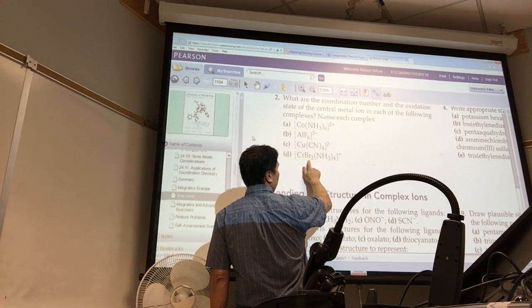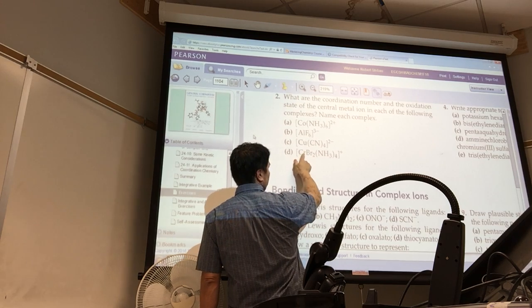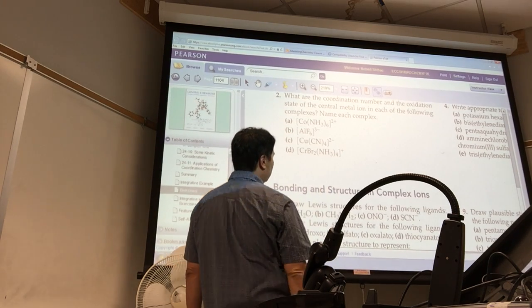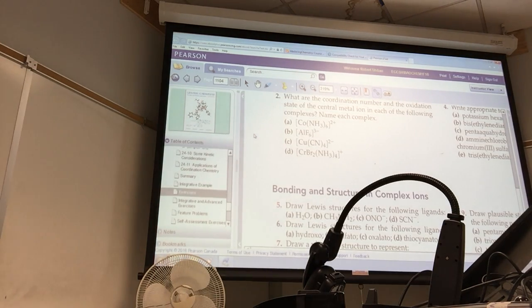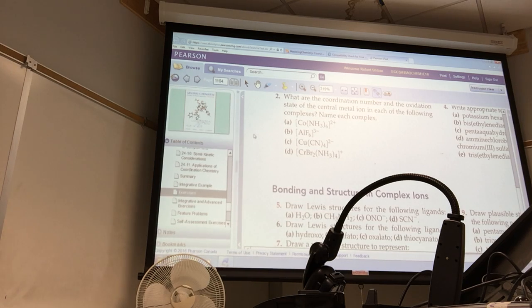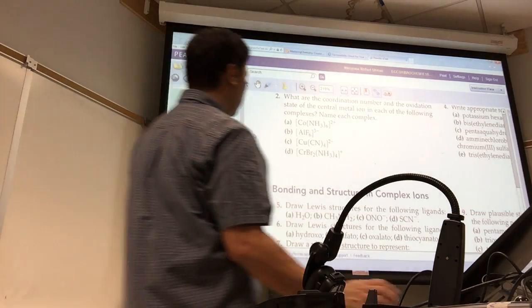Bromide is -1, so -1 times 2 is -2. -2 plus what equals +1? -2 plus x equals +1. X must be +3. That would be it. These are all ions. Some cations, some anions.